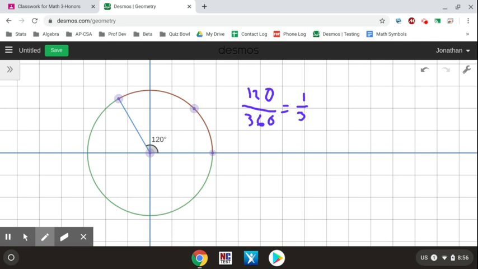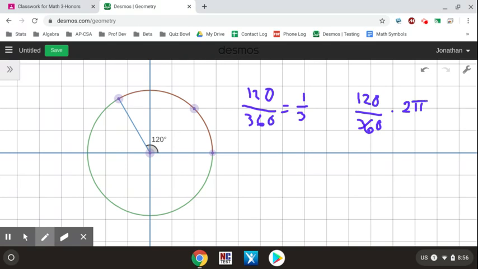Now, instead of wanting a degree measure, I might want this to be in a radian measure. So there's several ways you can convert from degrees to radians. One way is to find the fraction of how many degrees there are, like we did, and say it's 120 degrees out of 360, and then you can multiply by how many radians the entire circle would be, 2 pi.